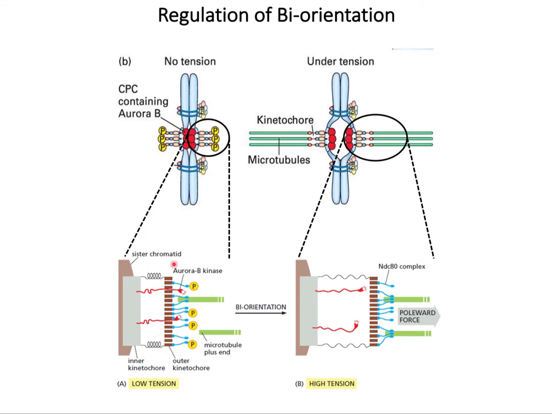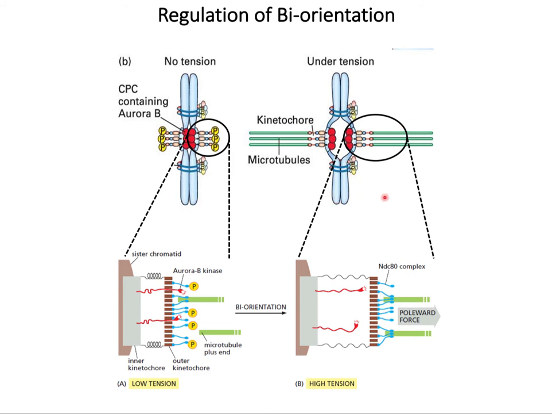So in more detail, here in the bottom figure, the Aurora B kinase is in the red and the NDC-80 is in the blue, and it is phosphorylated. But when this biorientation occurs, each of the kinetochore regions on each sister chromatid is bound to the opposing microtubule, and the tension forms, and you get a change in the conformation of the chromosome, such that the kinetochore protein complexes are now pulled away from the CPC, or the chromosome passenger complex.